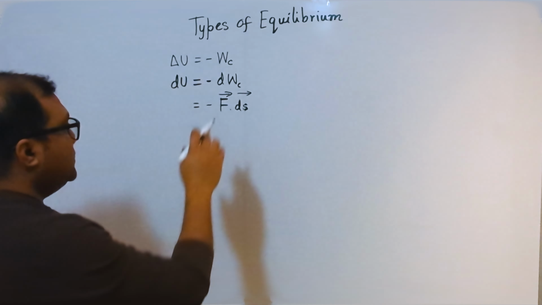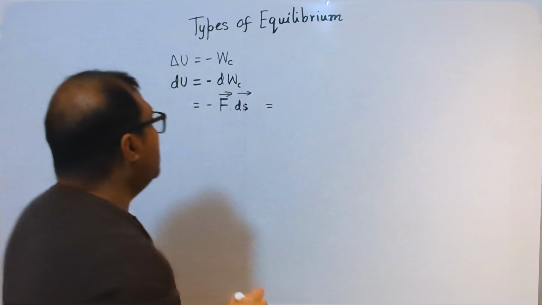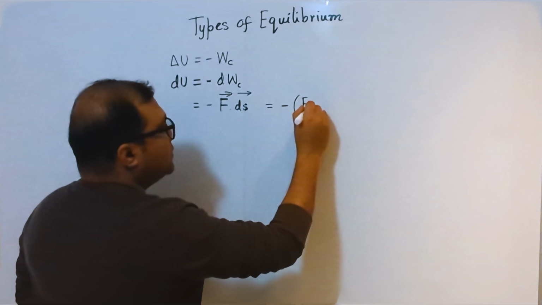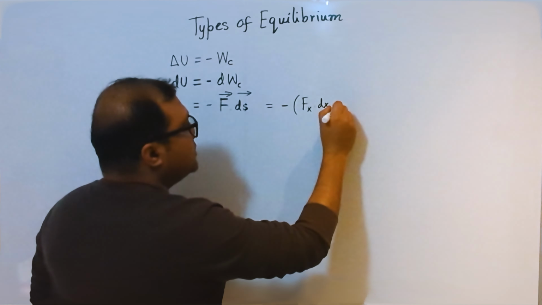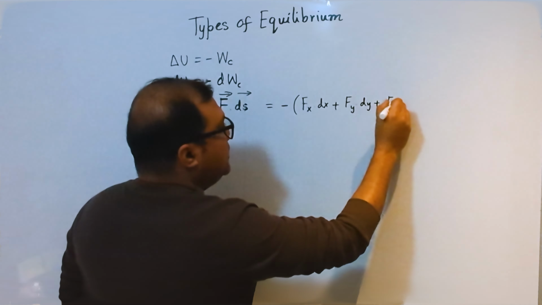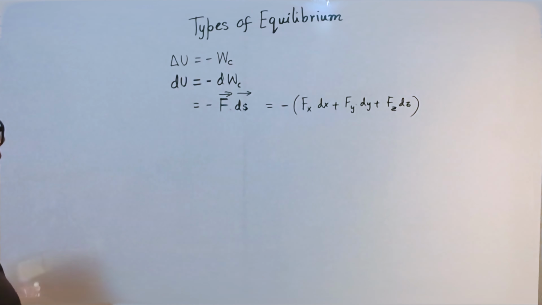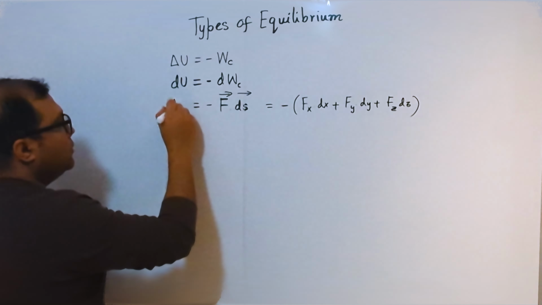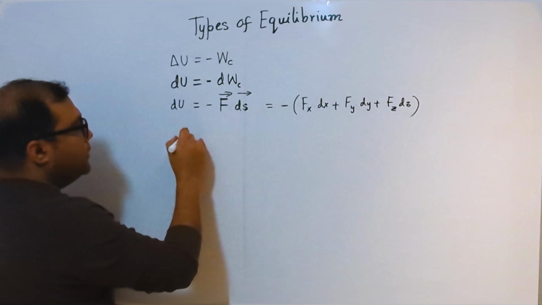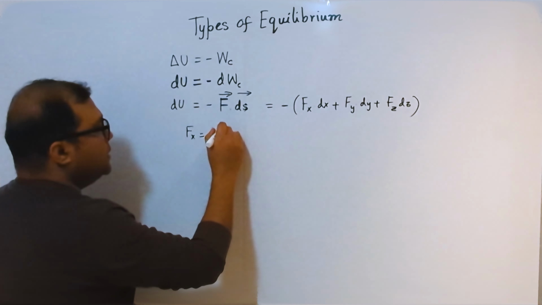Now, if we represent ds as components in x, y, and z directions, then we can expand this and write it as fx dx plus fy dy plus fz dz. We can further write fx is nothing but minus du dx.